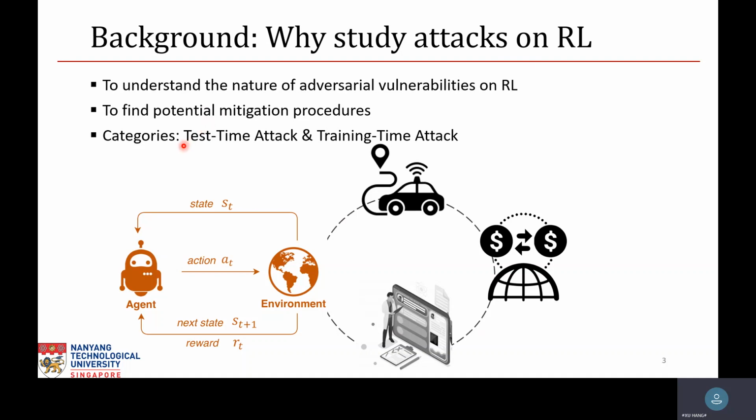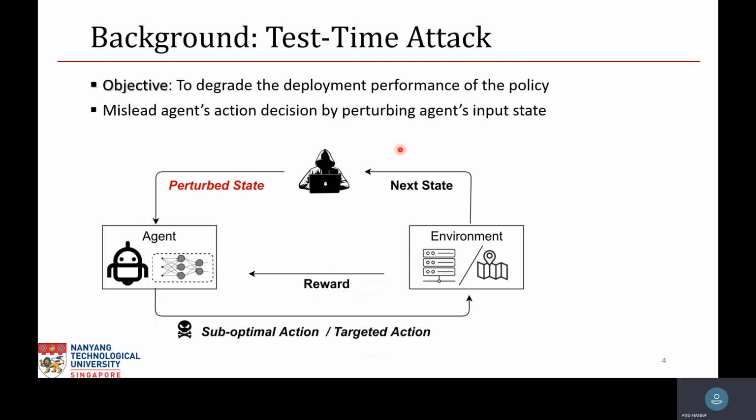Since 2017, adversarial attacks have been studied by more and more researchers, and the existing work can be classified into two parts: test time attack and training time attack. For the test time attack, the agent has already learned its policy and fixed it.